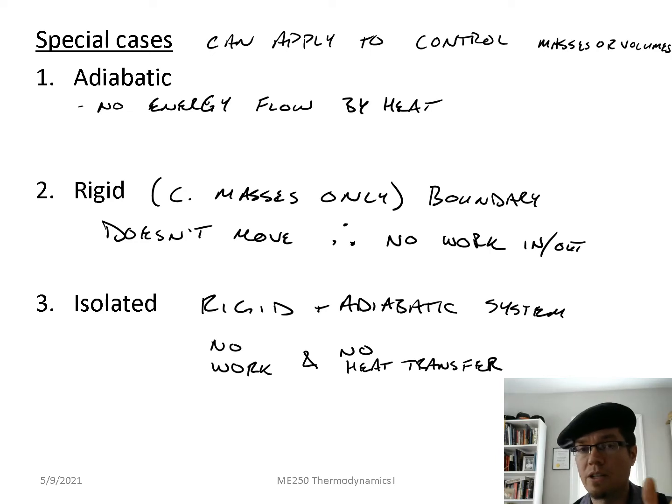Well, it's well insulated so that nothing happens with the environment in terms of heat transfer, and it's rigid so nothing happens with the environment in terms of work transfer. But you can still consider what happens to the system inside, which used to be compressed air on one side and whatever on the other, and is now the two things interacting.